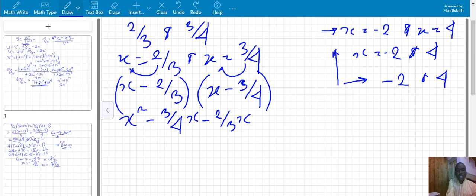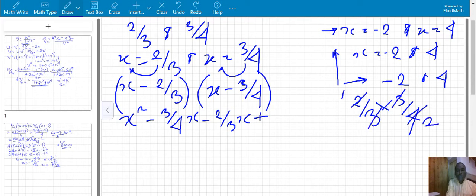Now, minus times minus will give us plus. 2 over 3 times 3 over 4: this will cut this, 2 here gives 1, 2 here gives 2. That will give us plus 1 over 2. Everything will be equal to 0, because it's going to be a quadratic equation.